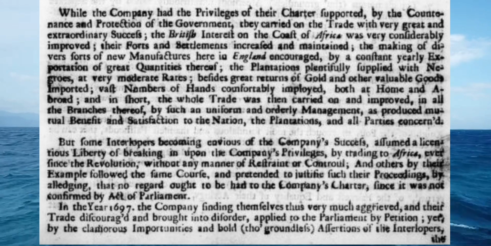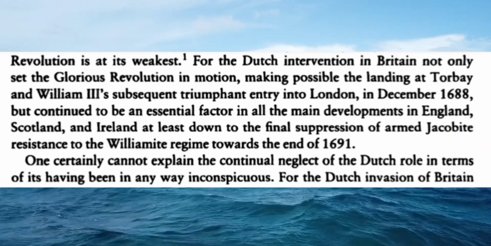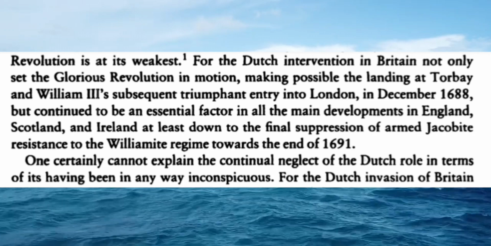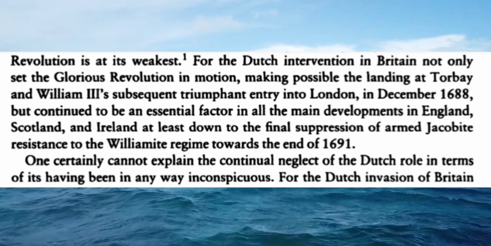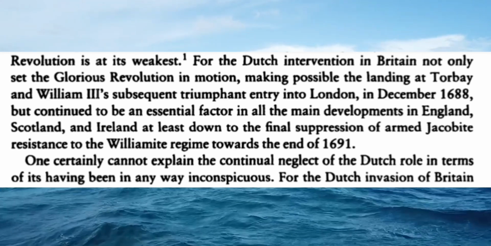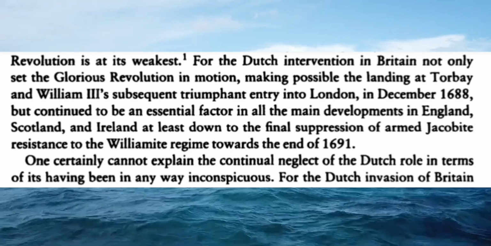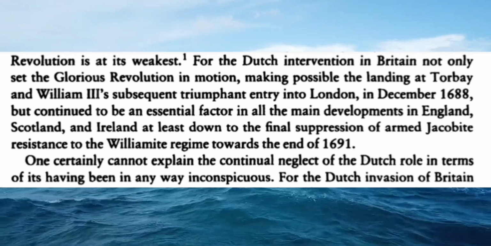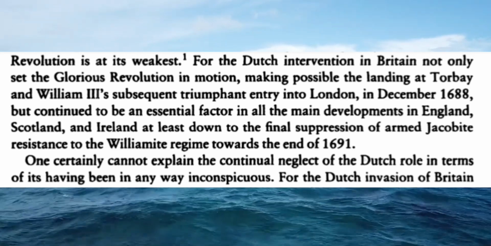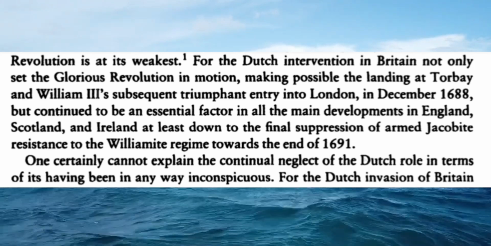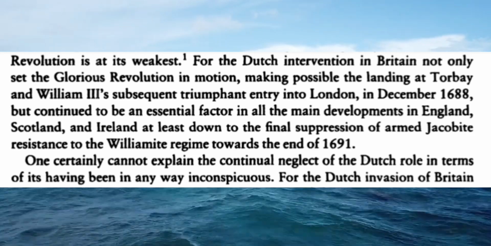Now let's see what this revolution is. So it says here the revolution is at its weakest for the Dutch intervention in Britain not only set the glorious revolution in motion, making possible the landing at Torbay and William III's subsequent triumphant entry into London in 1688, but continued to be an essential factor in all the main developments in England, Scotland, and Ireland, at least down to the final suppression of armed Jacobite resistance to the Williamite regime towards the end of 1691.